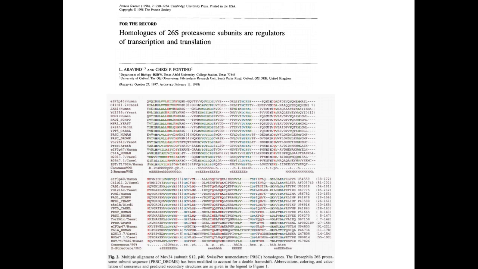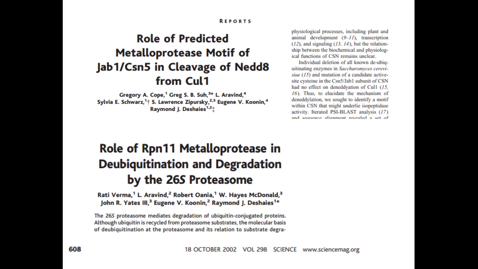So right at the time I discovered the JAB domain, I realized that there were prokaryotic homologs of it. But there was no obvious prokaryotic ubiquitin system. So that sparked this project to find the roots of the eukaryotic ubiquitin system.